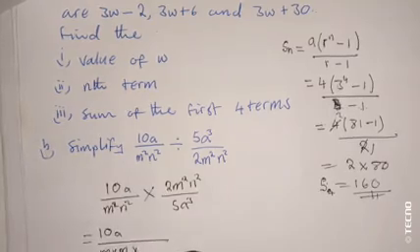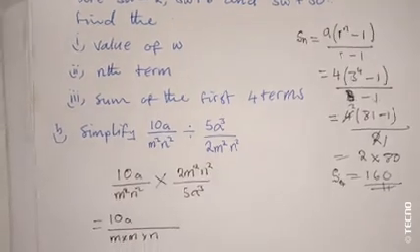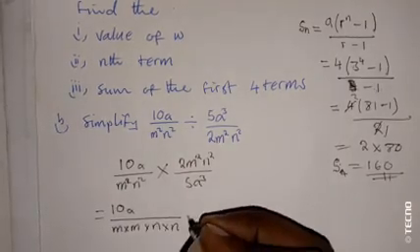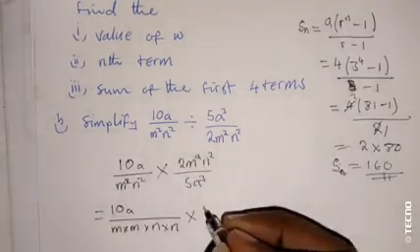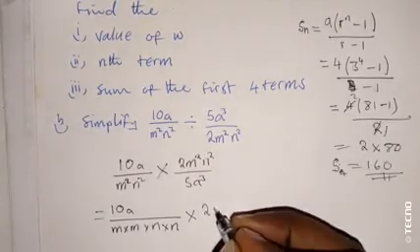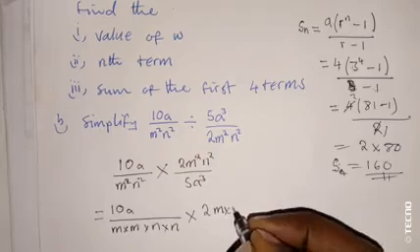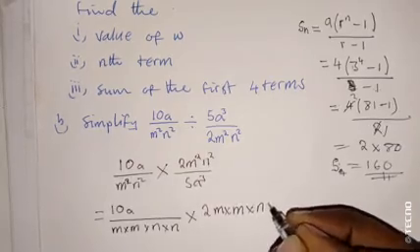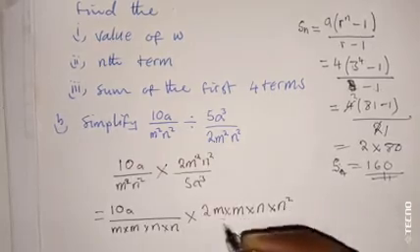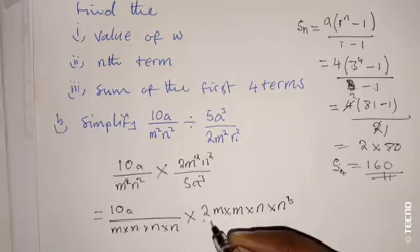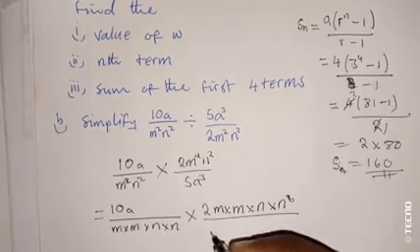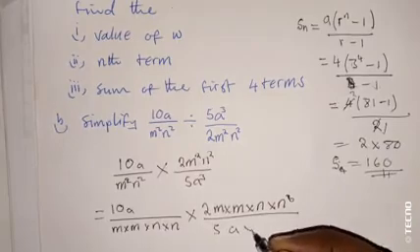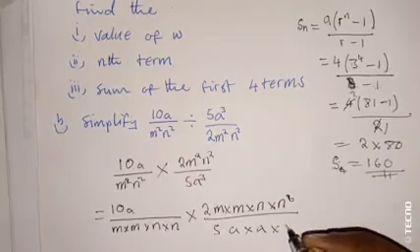Then times again, we also have n this side, we also have another n. Then times this side here, we've got 2, then m times n times n. Okay, if you want, you can answer like this. Then 5 here, we also have a times a times a.